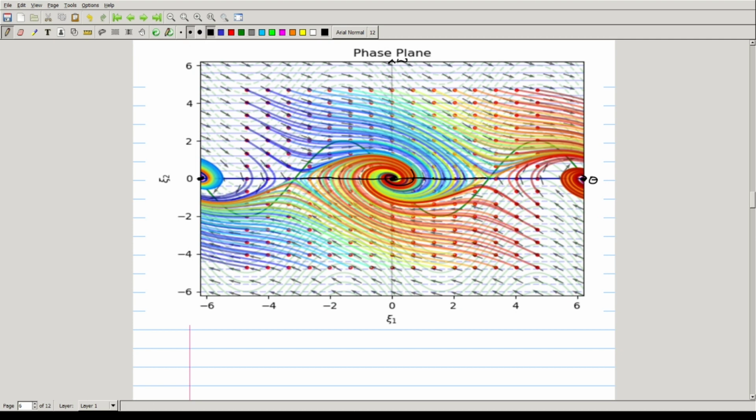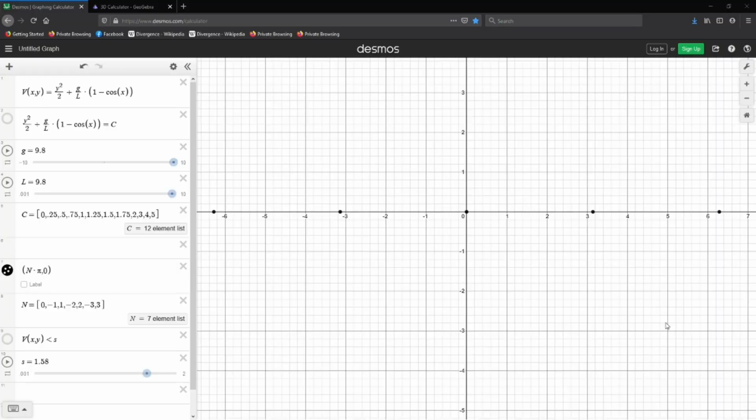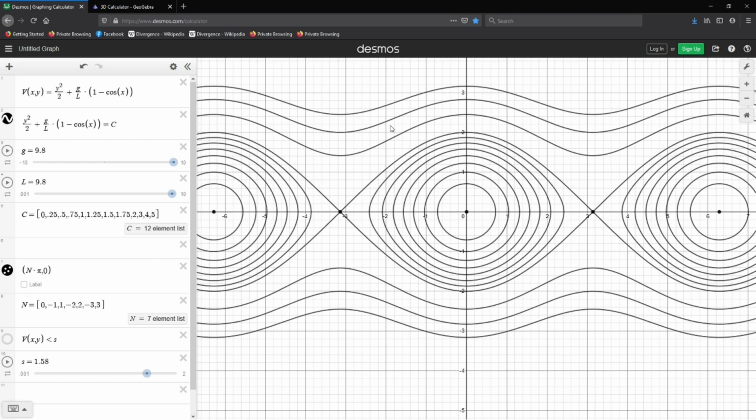Furthermore, if we take a look at how the Lyapunov function is behaving with respect to these critical points, the Lyapunov function that we had was y squared over 2 plus g over L times 1 minus cosine of x. These are the level curves of this function. The gradient is going to be perpendicular to the level curves and pointing in the direction of increase of the function.